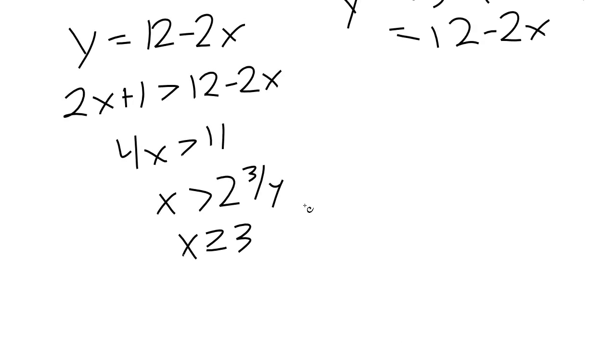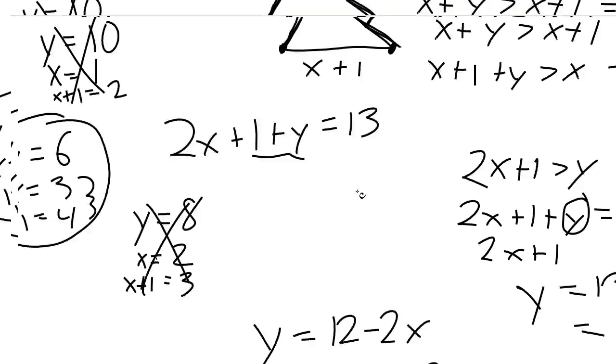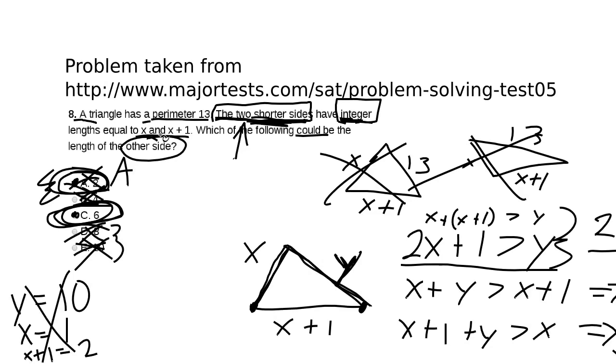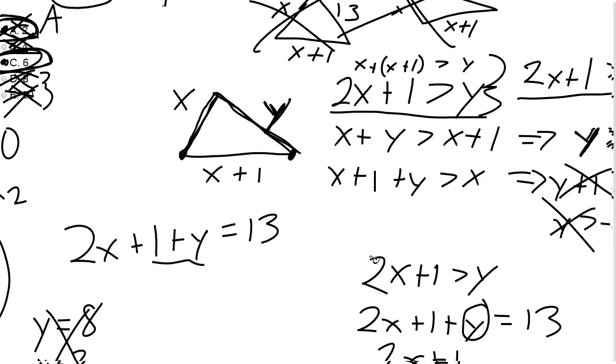And yet, I haven't modeled in my algebraic inequalities yet the requirement that x and x plus 1 are the two shorter sides.